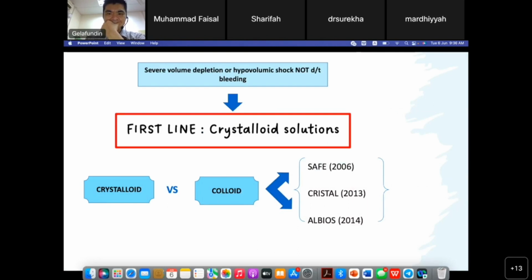For severe volume depletion or hypovolemic shock not due to bleeding, our first line is crystalloid solution. There are a few studies showing crystalloid versus colloid solution: the SAFE study in 2006, the CRISTAL study in 2013, and the ALBIOS study in 2014.